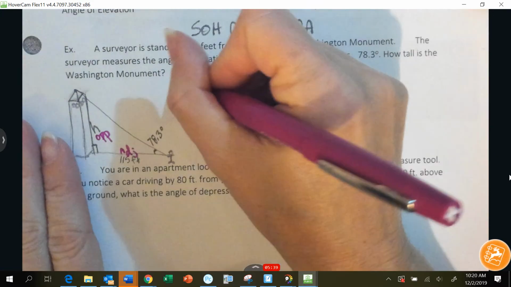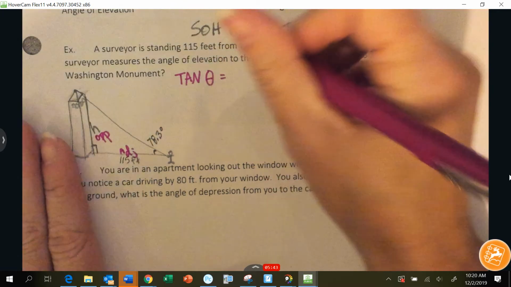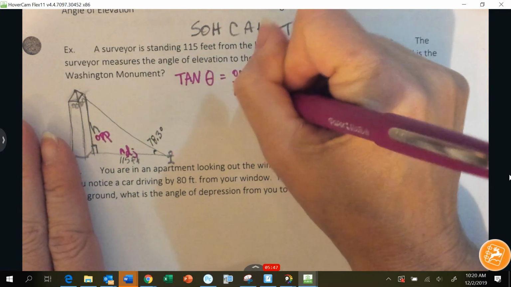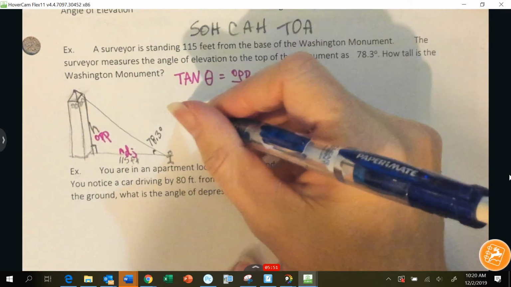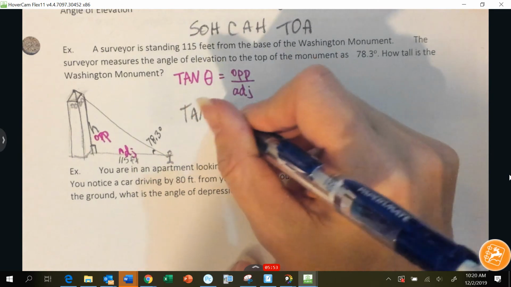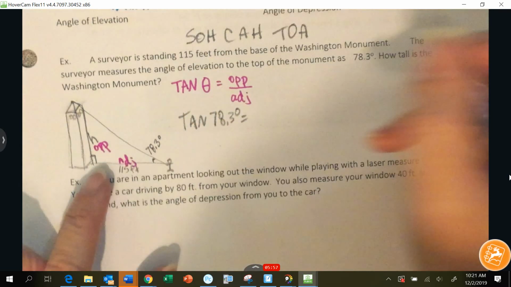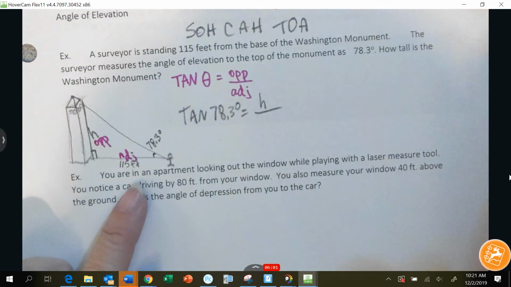So I am going to be using tangent of an angle equals opposite over adjacent. So I'm going to plug in the information that I know. I know the angle is 78.3. I don't know the opposite, that's h. And I know that the adjacent is 115 feet.